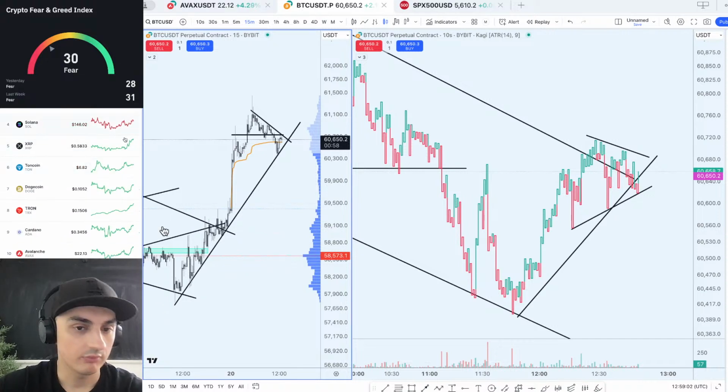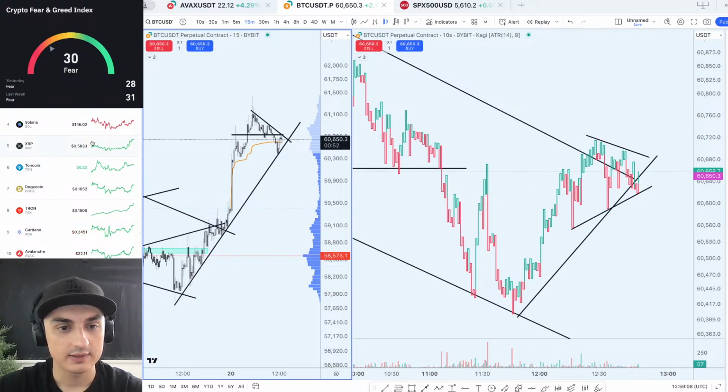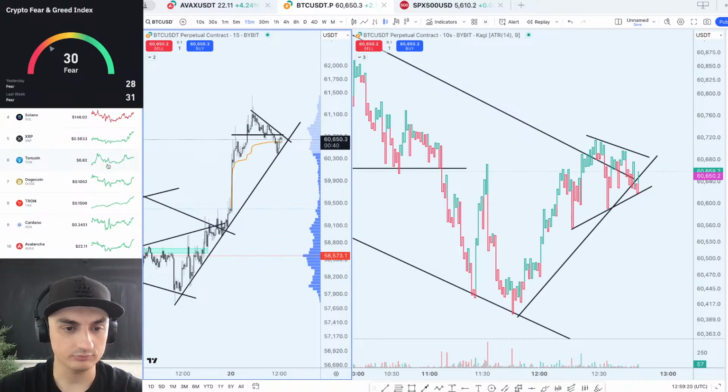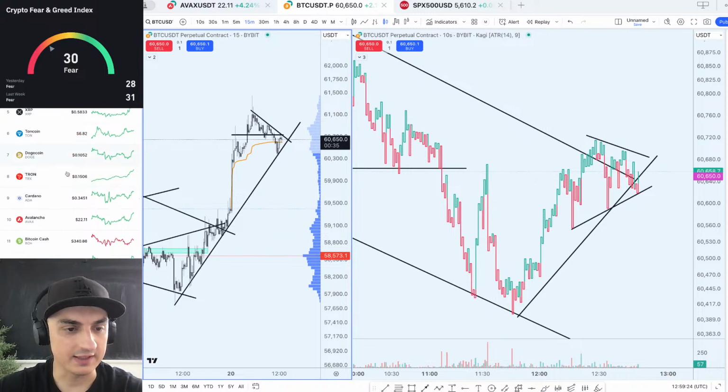XRP, we updated this one, reached 60 cents, and right now 58. So it's a good time for taking some profits, at least partially. Toncoin is around 6.8, going pretty much sideways. Dogecoin is staying the same around 10 cents.